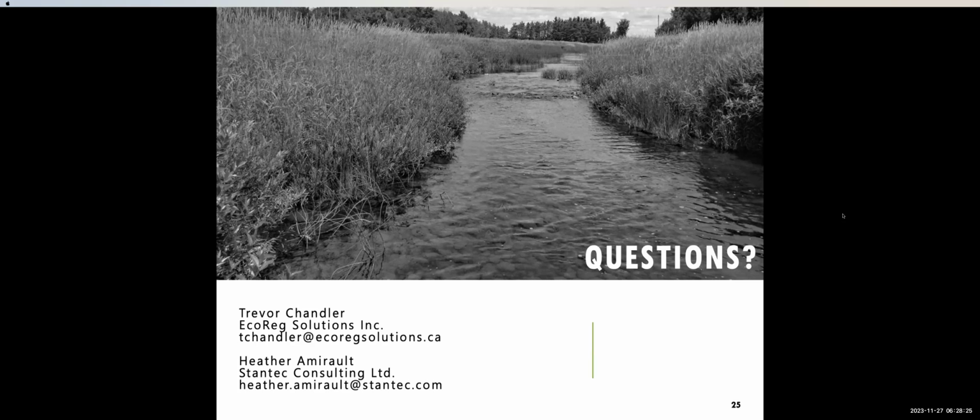Yeah, that's true, and certainly early in my career, there were a lot of water courses in urban areas that were obviously different than what they had been earlier. So land use definitely changed what these water courses look like.